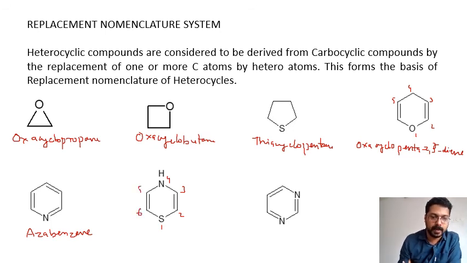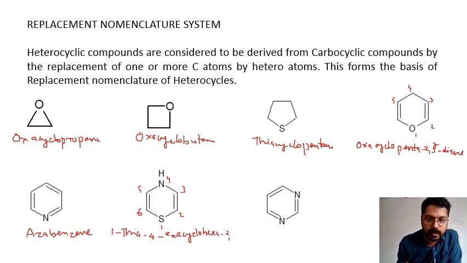So the name will be 1-thia-4-azacyclohexadiene, with double bonds at the 2,5-diene positions. The name will be like this one.